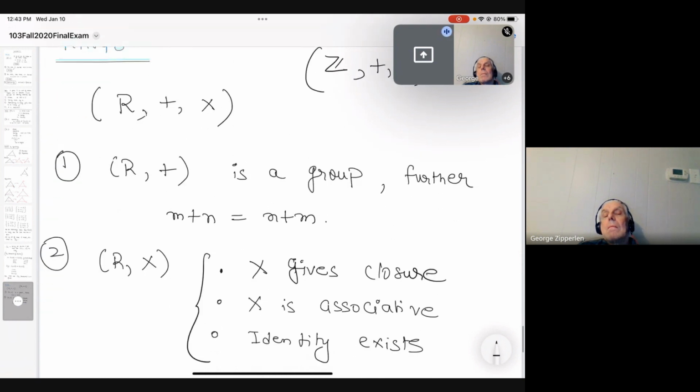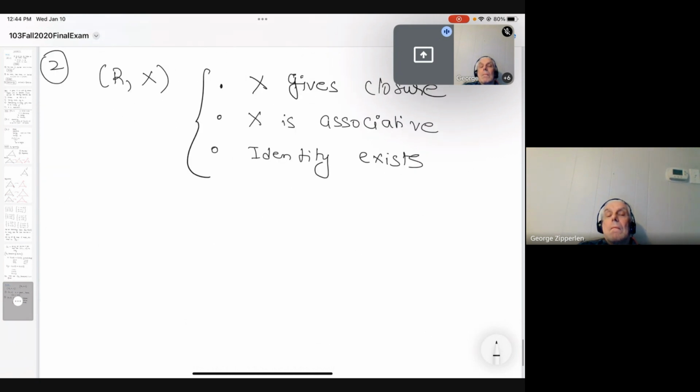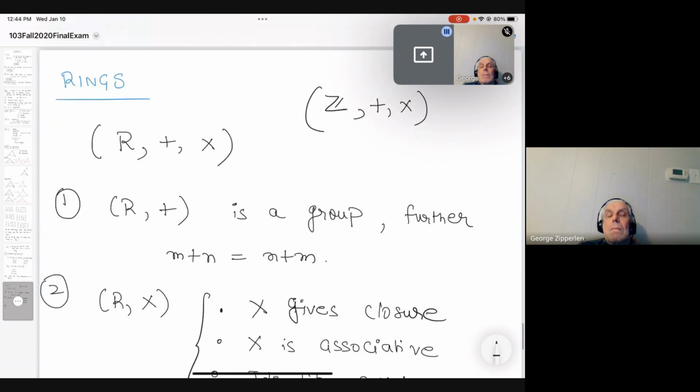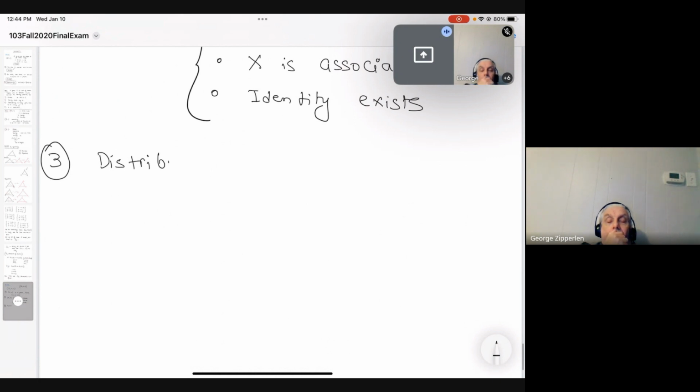Now, since we have two operations, they must interact in some way. Otherwise, it's like saying we have two distant things that never talk to each other, which is really weird and not interesting at all. So these two operations interact, and this interaction is what we call the distributive property, distributivity.